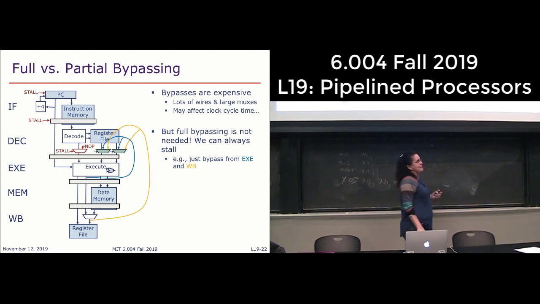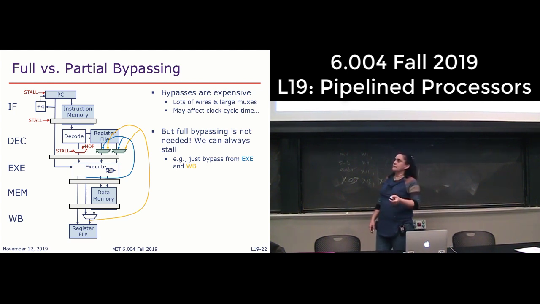Then if I have a dependency on something that's in the memory stage, I can always use my stall logic to deal with that situation. Okay? And so you can use permutations of the stall logic together with this bypass logic in order to figure out what makes sense from a cost perspective and a performance perspective for your particular processor.